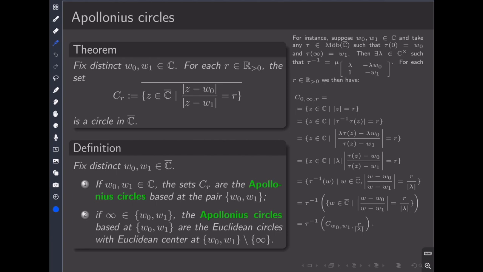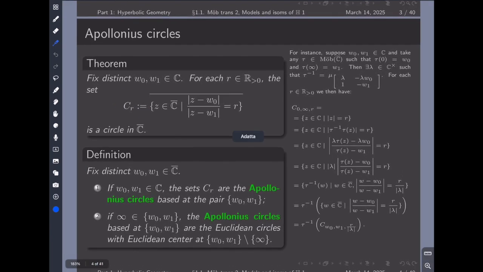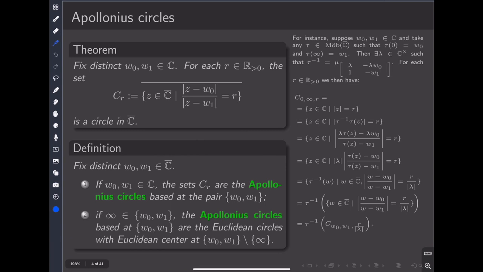Okay, the Apollonius circles. Each such circle is called an Apollonius circle of the pair, and they are going to play the role of the circles centered at the origin.